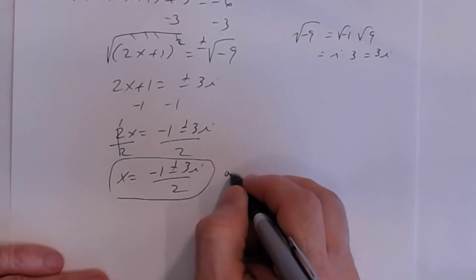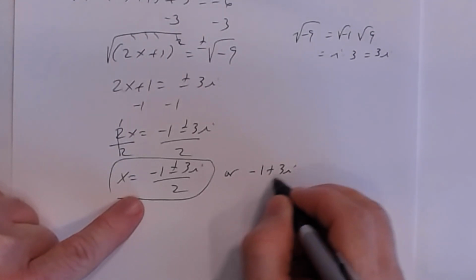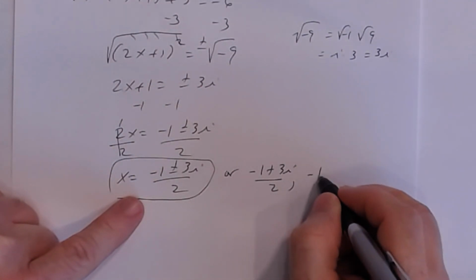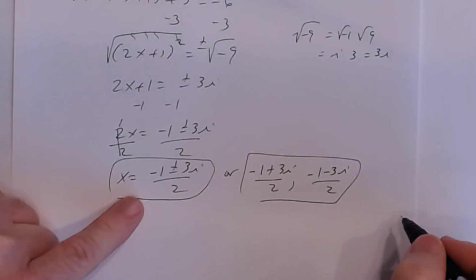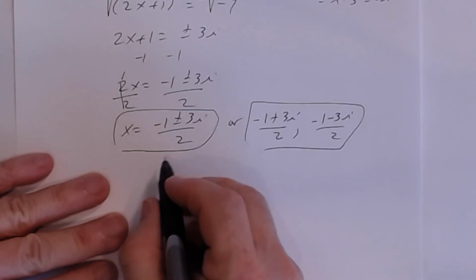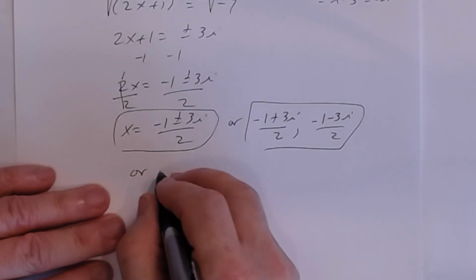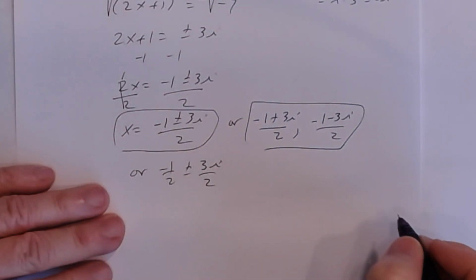Now you can also write them separately. You could say negative 1 plus 3i divided by 2, comma, negative 1 minus 3i divided by 2. You could write them in separate fractions if you want to. See this right here? You could say negative 1/2 plus or minus 3i divided by 2.